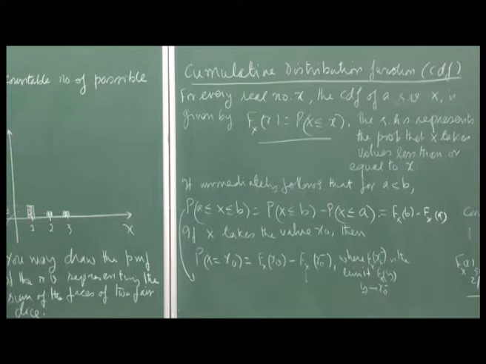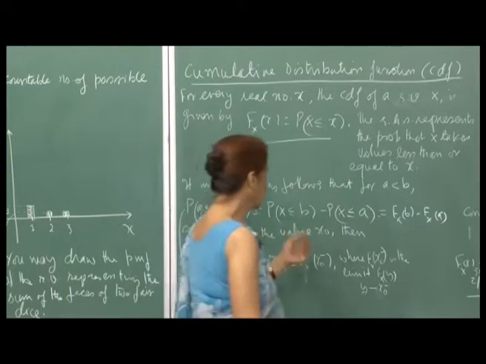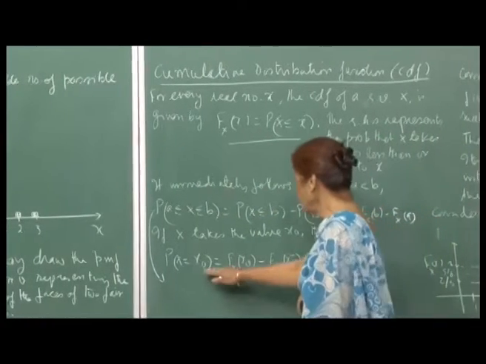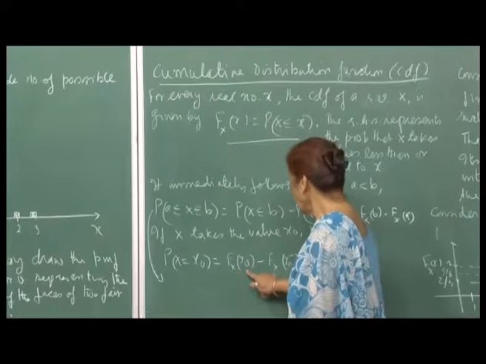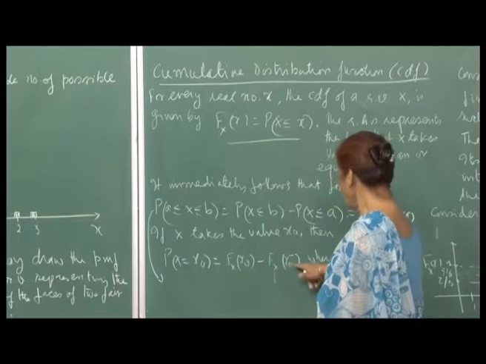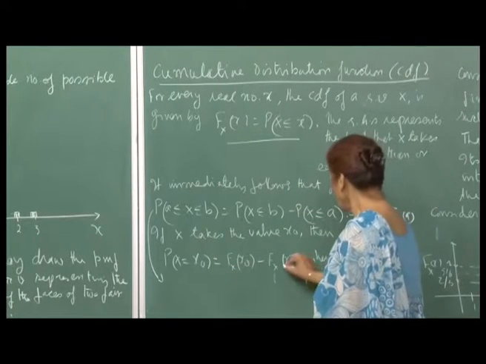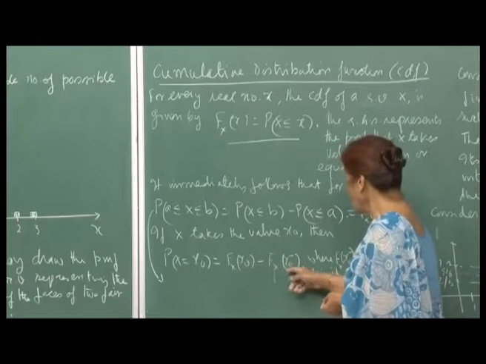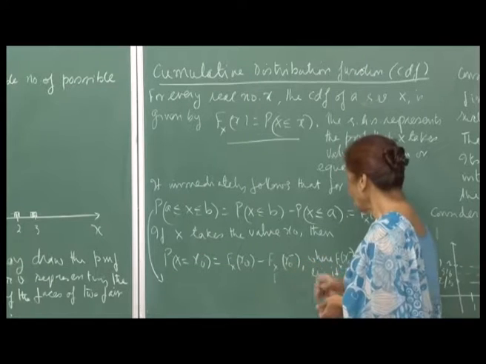Okay. Now, if X takes the value x naught, because after all X is a discrete random variable, then the notation would be F_X(x naught) and then F_X(x naught minus). So, this actually says that you are approaching the value x naught from the left, from values which are less than x naught.